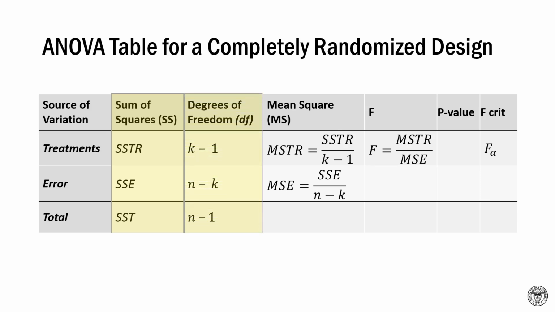The second part, the degrees of freedom, DF column, which shows the degrees of freedom for each source of variation. The third part, the mean square, MS column, which shows the mean square for each source of variation.